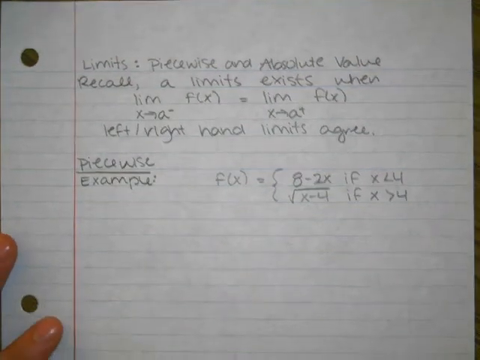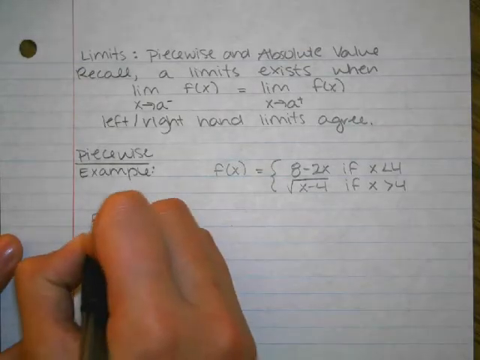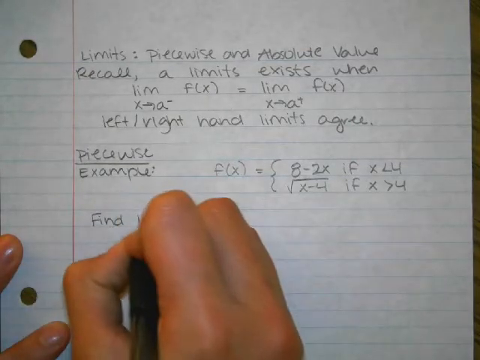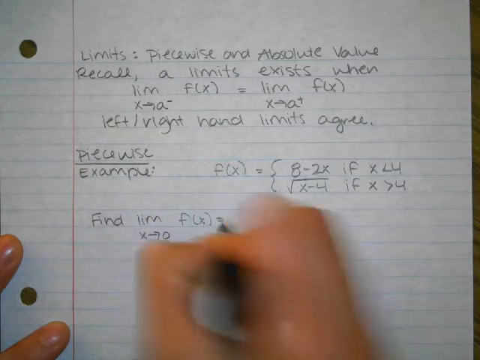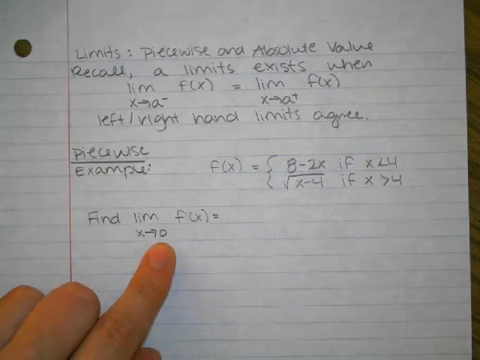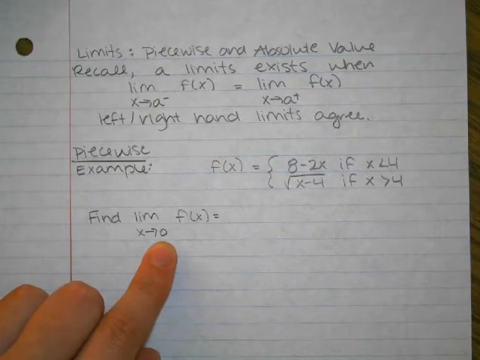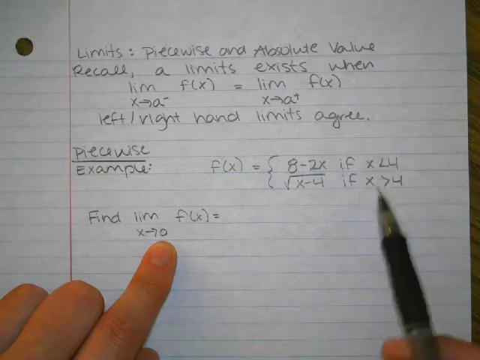All right, so the first limit we're going to find in relation to this piecewise function is the limit as x approaches 0 of the function. And just like we did before, anytime we are solving a limit algebraically, we always want to see if this number is in the domain of that function. And in this case, it is. 0 is a number that shows up within these x values.